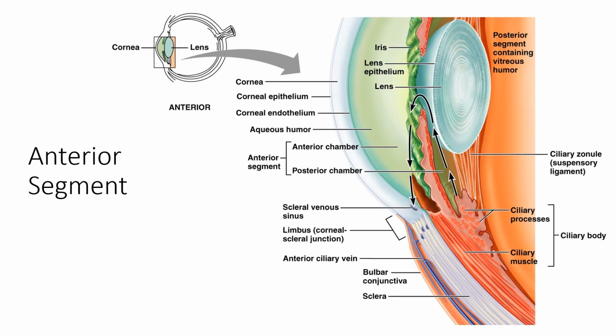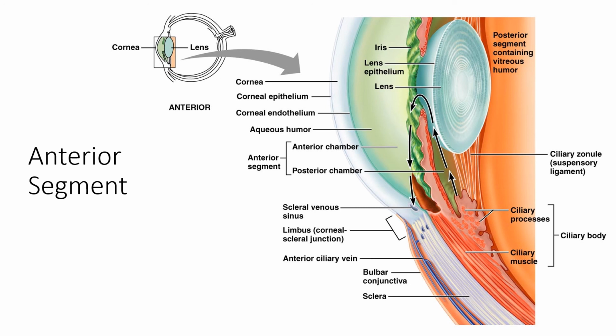I don't expect you to know a whole lot of detail when it comes to this, but we have capillaries within the ciliary body of the vascular tunic that are leaky. So blood is going to leak out plasma, it's going to leak out fluid, and that fluid is going to flow out into the anterior chamber of the anterior segment, and we have this circulation basically that occurs.